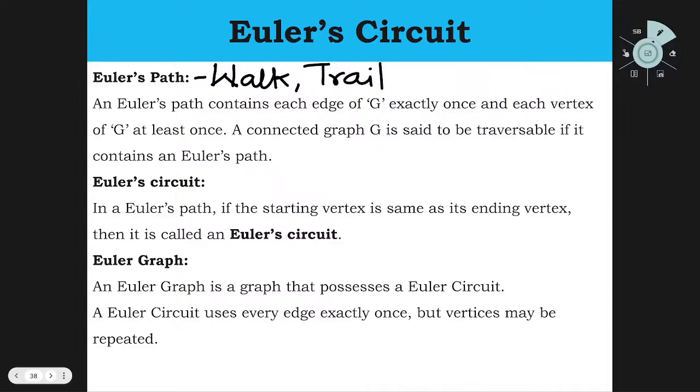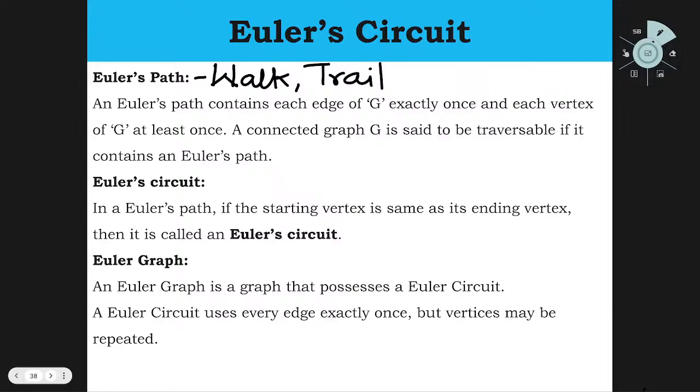In this path, at most 2 vertices must have odd degree, only then the graph is said to follow Euler's path.